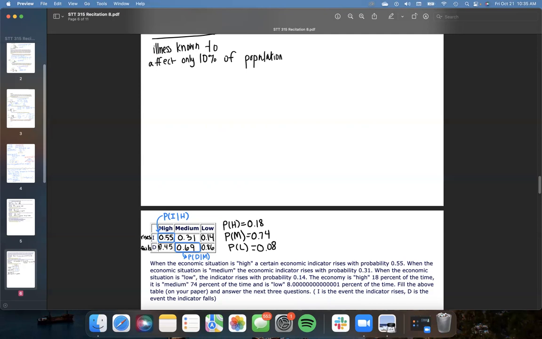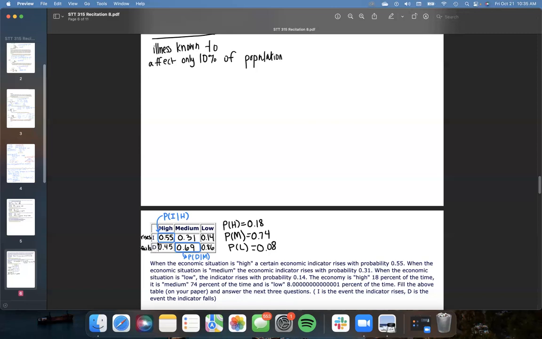So to get the bottom row, the D row, we're going to do 1 minus what we get in the first row, because if it doesn't rise, then it fails.